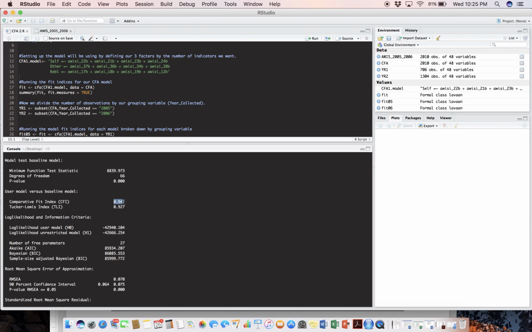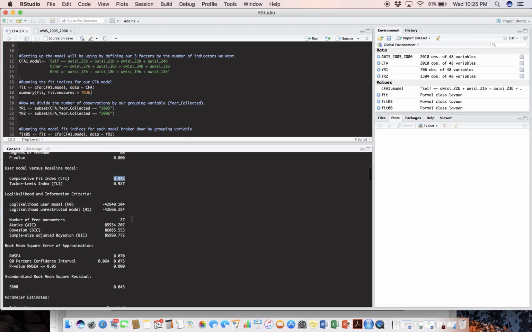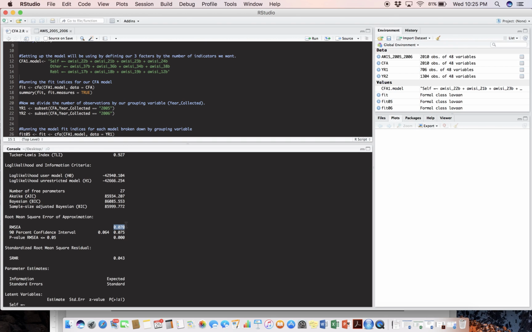That's pretty close, so pretty good so far in terms of fit. Then we have an RMSEA of 0.07. It's not great fit, but it's not too terribly bad either. And for our SRMR index, we have a value that is less than 0.05. So overall, given our indices, I would argue that the first model has good model fit.